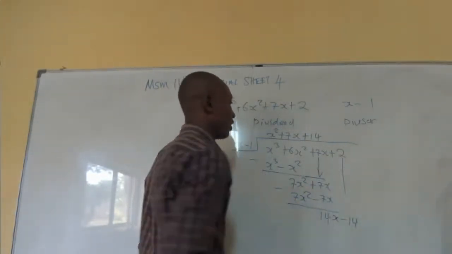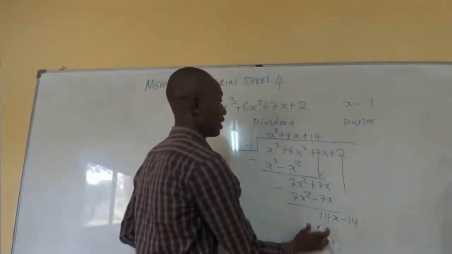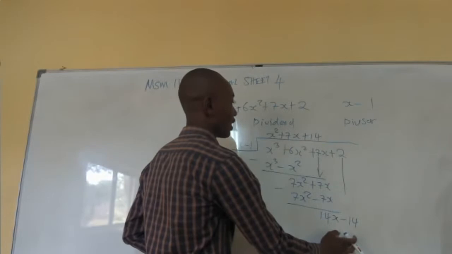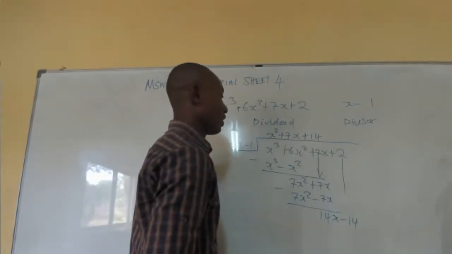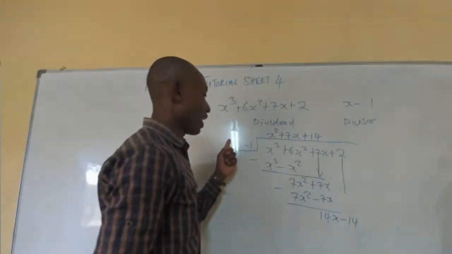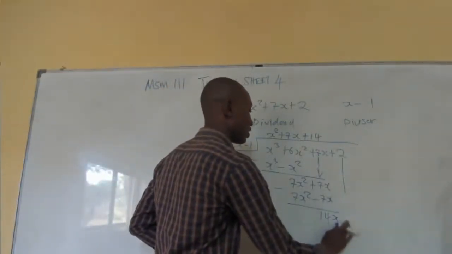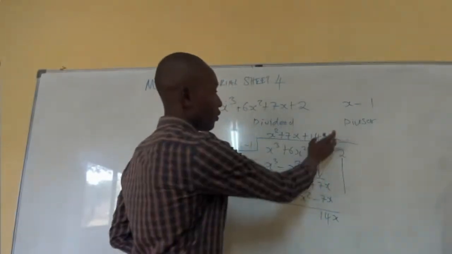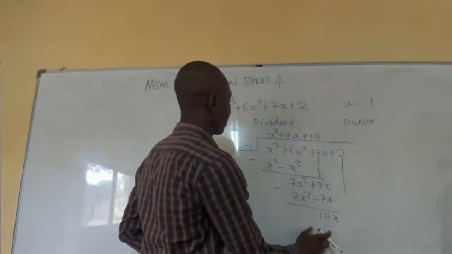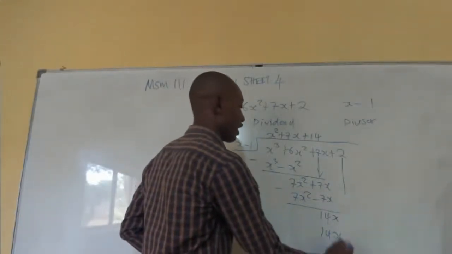Before we do that, let's look at this. 14 times x is 14x, 14 times negative 1 is negative 14. Let's write it like this so that you better see it. 14 times this was 14x, so we have 14x here.